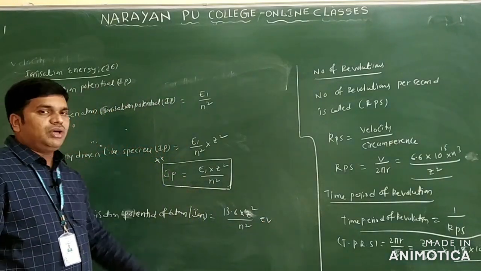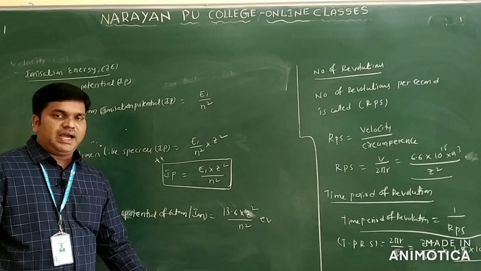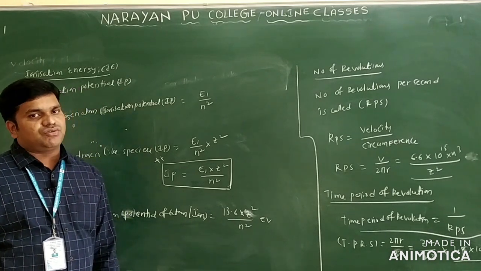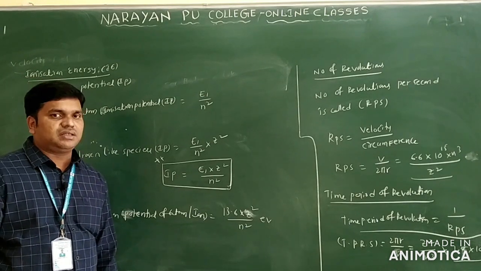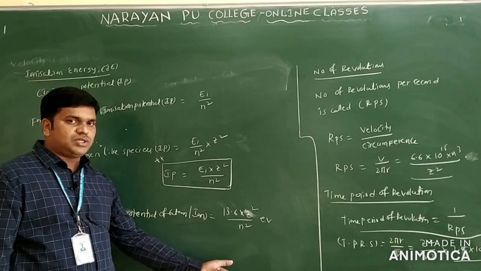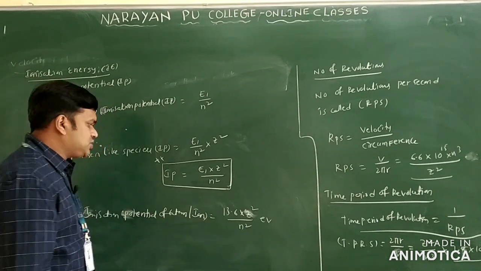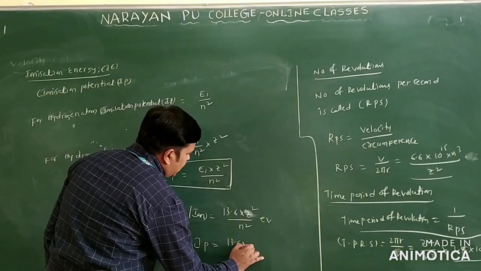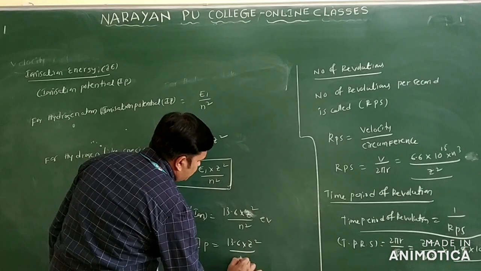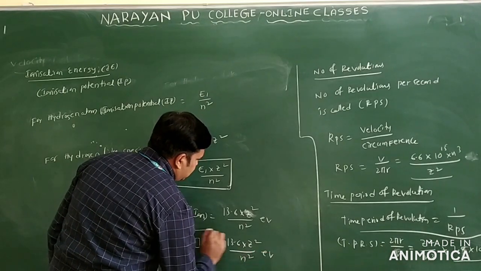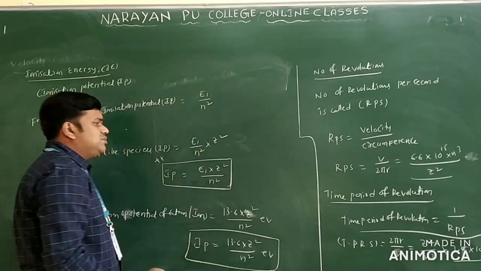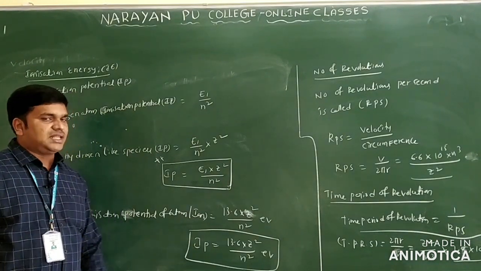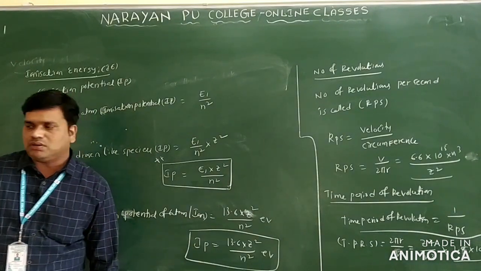You know the first energy of the hydrogen atom we already found in the energy calculations: 13.6 electron volts. So ionization potential is equal to 13.6 into Z square by n square electron volts only. This is also an important formula for us. These are the different concepts you can discuss in this Bohr atomic model only.